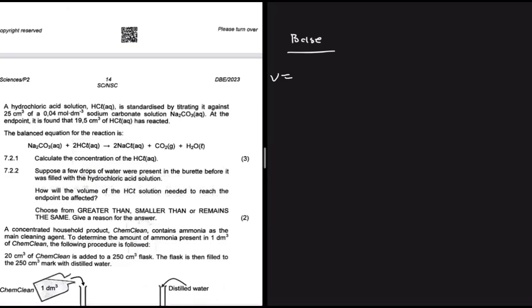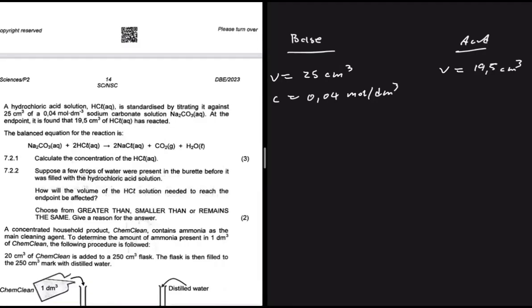So our volume is 25 centimeter cube, and then our concentration is 0.04 moles per decimeter cube. Right. At the end point, it is found that 19.5 centimeter cube of HCl has reacted. So for the acid, we have a volume which is equal to 19.5 centimeter cube.